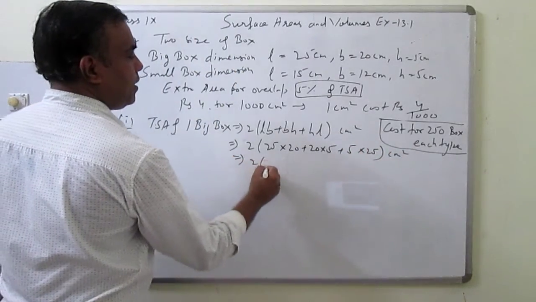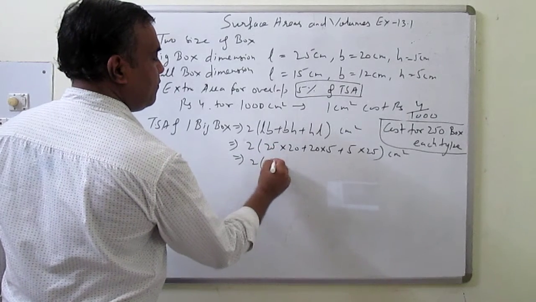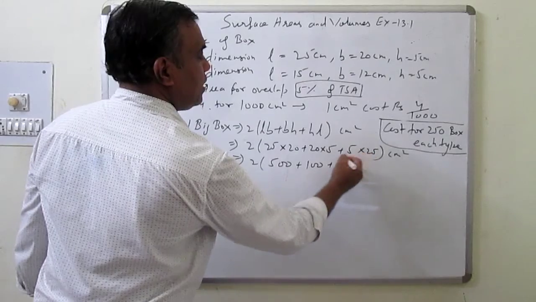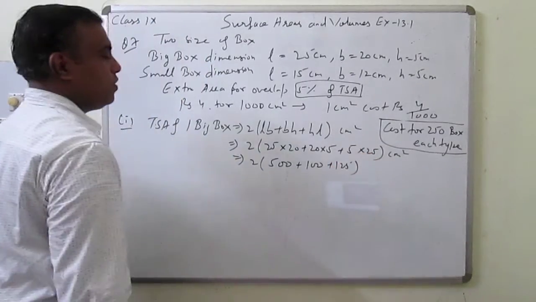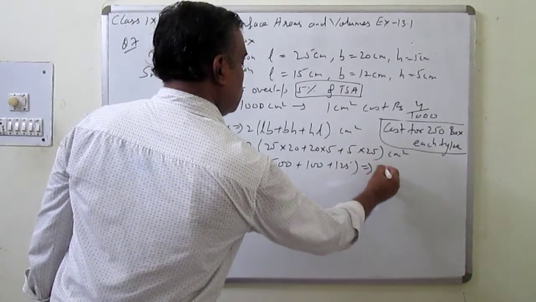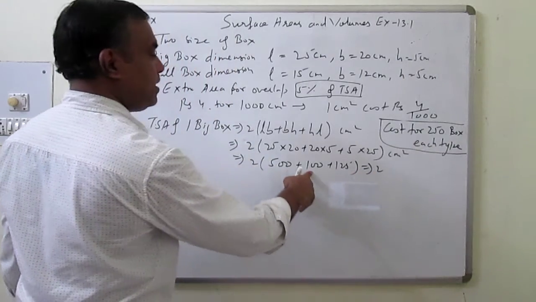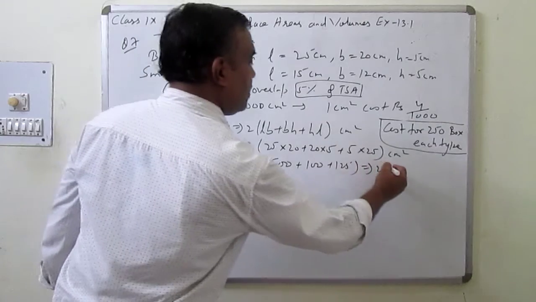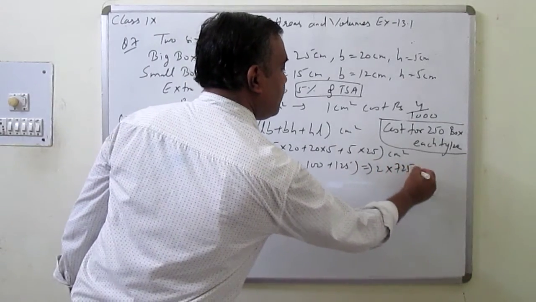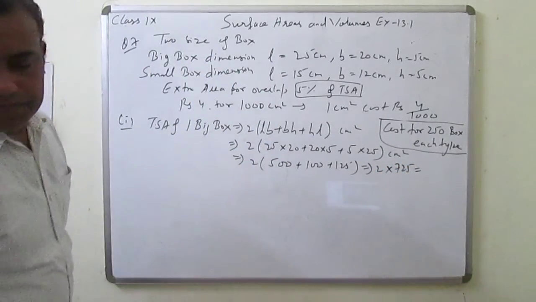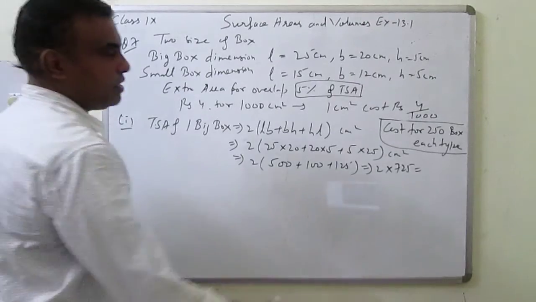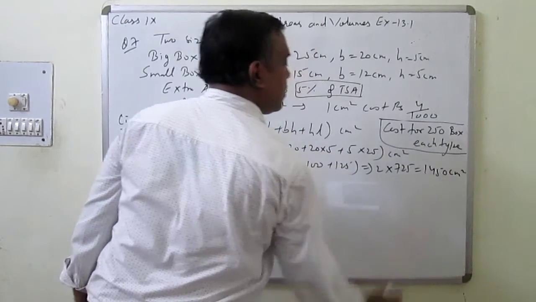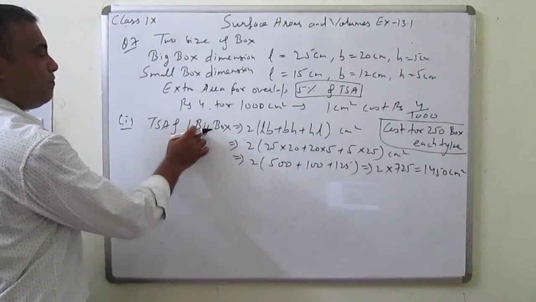Now calculate it. 25 into 2, 50, 500 plus 100 plus 25, 125. 500 plus 100, 600, plus 125, 725. 2 into 725, it will come 1450 centimeter square. It is the TSA of one big box.